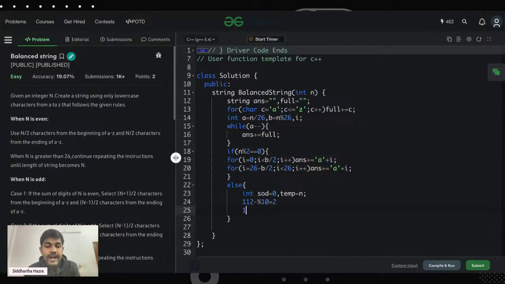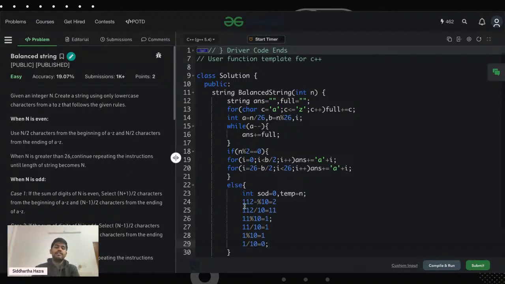Then we divide by 10, integer division, making it 11. Then 11 modulo 10 is 1, 11 divide by 10 is 1, 1 modulo 10 is 1, and 1 divide by 10 is 0.